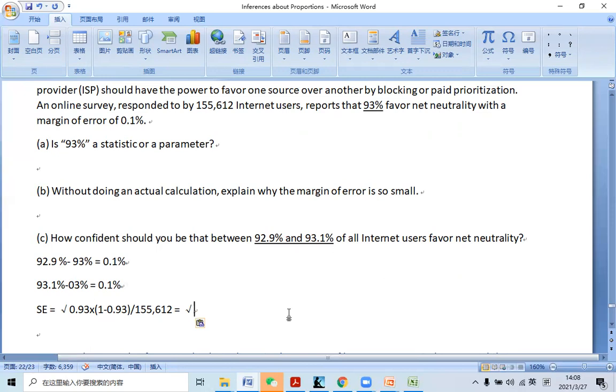Square root of 0.93 times 0.07 divided by 155,612. Take square root.